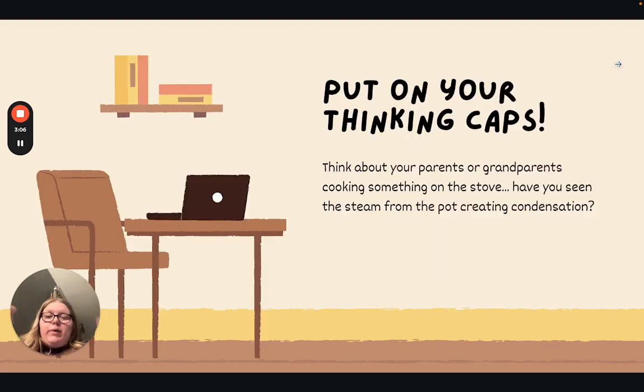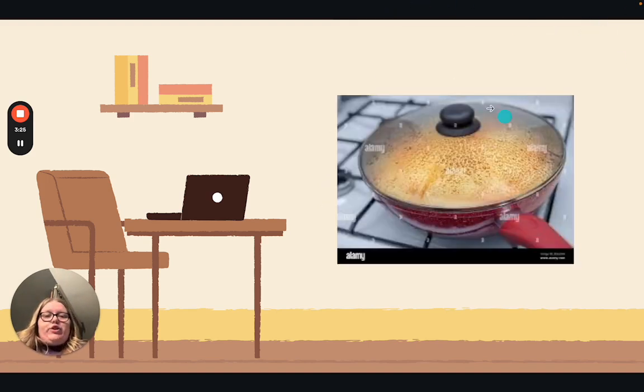So I want you to put on your thinking caps and think back to a time when your parents or your grandparents or anyone you know cooked something on the stove, like in a hot pot or pan. Have you seen the steam from the pot creating condensation? Like this picture right here, the condensation formed on the lid that they put on the pan.